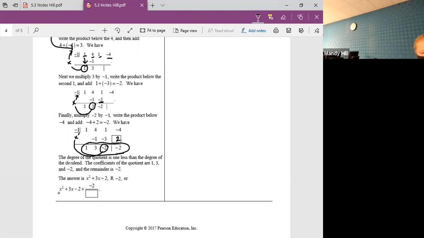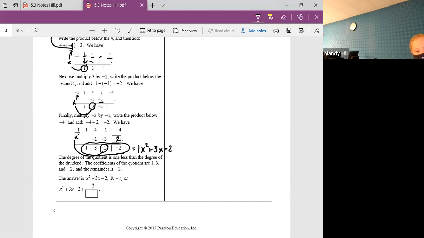We don't usually write it if it's in the front, but this 1 means 1, x squared, plus this 3. So we're going to move down, so 3x to the first, then minus 2. Well, if I'm at x to the first, I wouldn't have any x's, because we go x squared, x to the first, no x's, right?